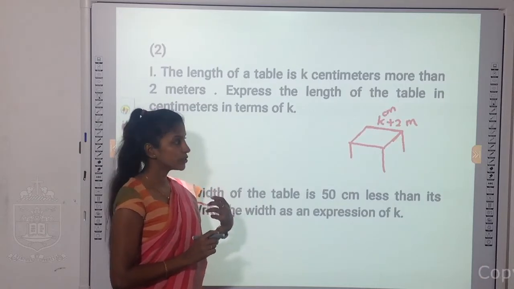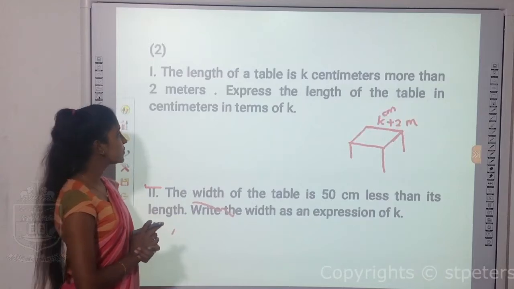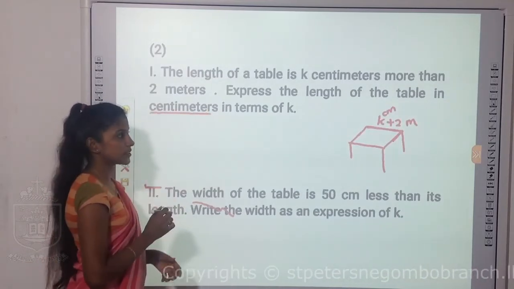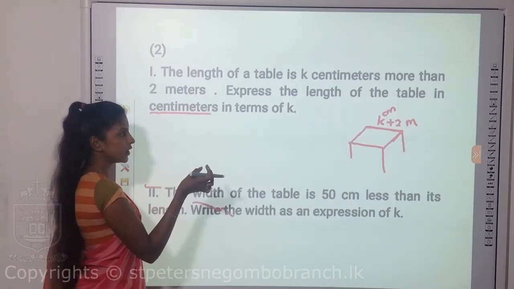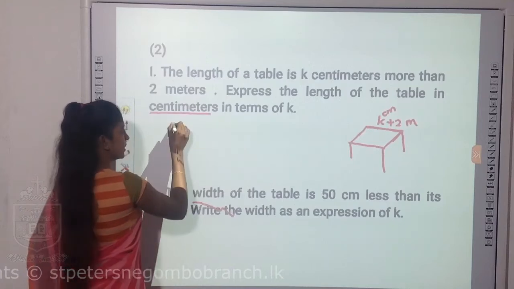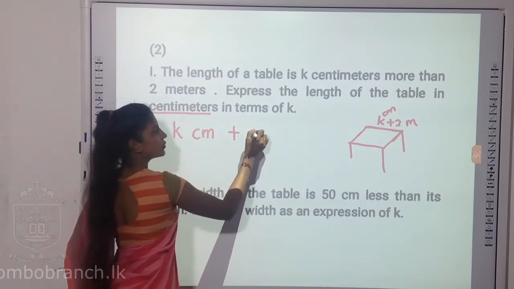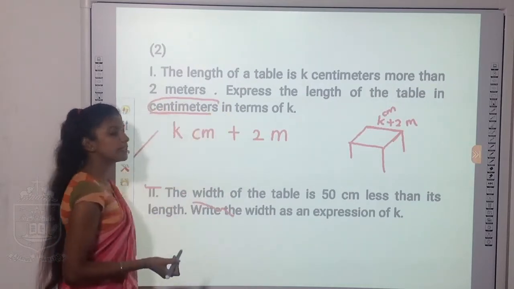So you have to make them into a single unit, and then express the length of the table in centimeters. So if you are to add, k plus 2, k is in centimeters while 2 is in meters. You have to keep the answer in centimeters.